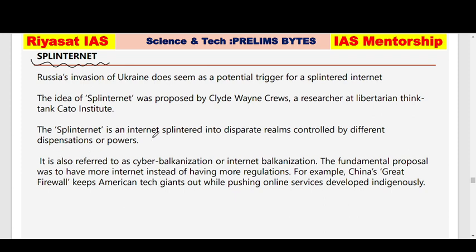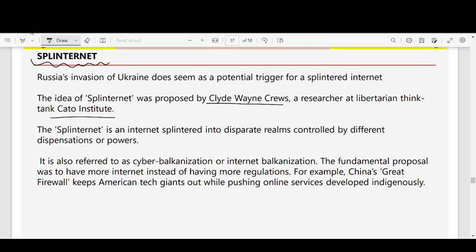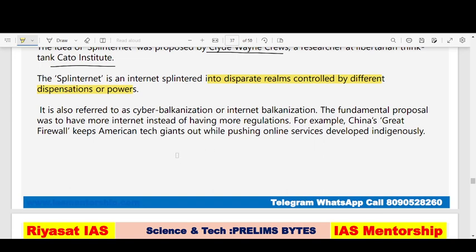So this idea was proposed by Clyde Wayne Crews, a researcher at the think tank Cato Institute. Basically, it divides the internet into big areas, that is disparate realms. It is also referred to as cyber balkanization or internet balkanization.